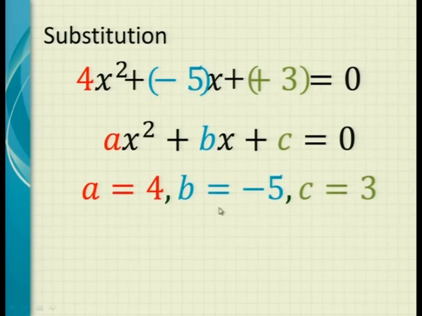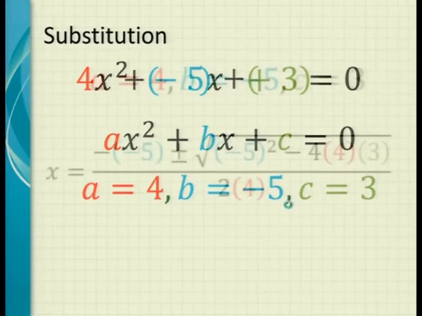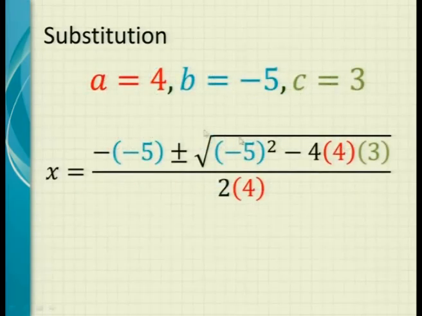If you are able to get this, and you are able to substitute in this formula, you will get a lot of marks. It makes it so easy. Look how we substituted. Minus b, I took my brackets, I put minus 5 inside there, that's minus b, plus minus the square root of b squared. What is b?